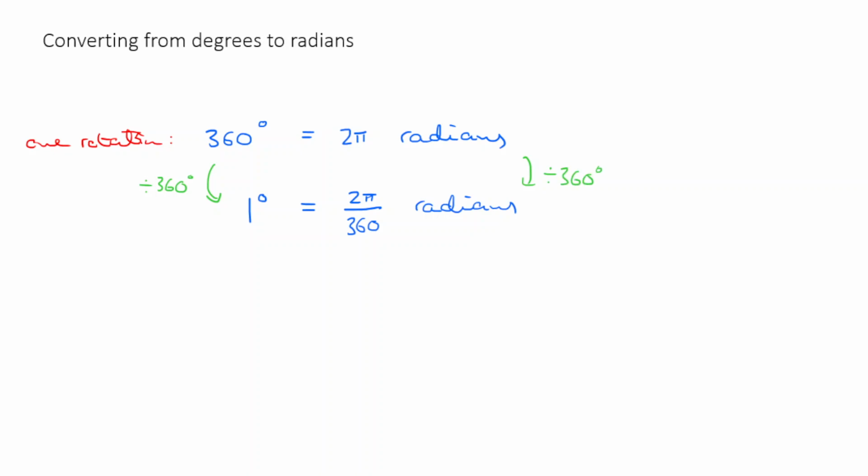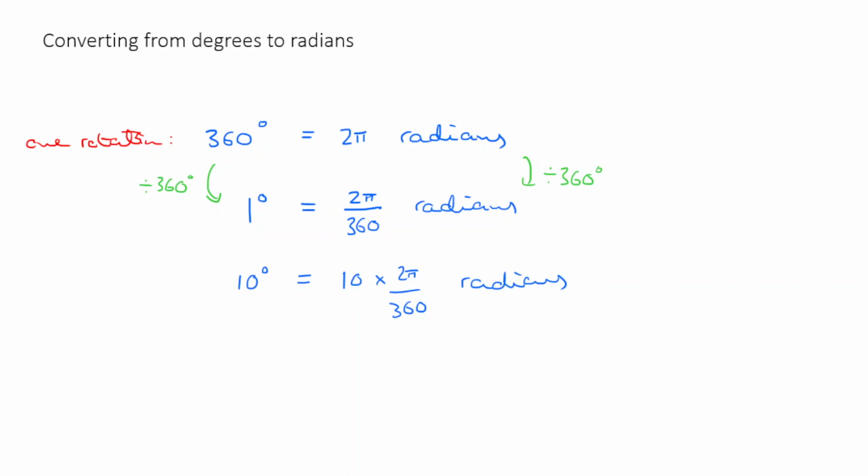Now, if that's the case, I can actually calculate what any other angle is in radians. If I know 1 degree, I could calculate, for example, 10 degrees, because all I've got to do is multiply both sides by 10. So I would get 10 times 2 pi over 360, and that would give me the angle of 10 degrees in radians.